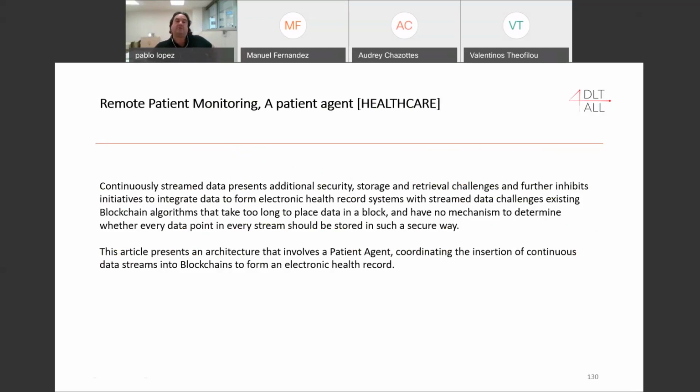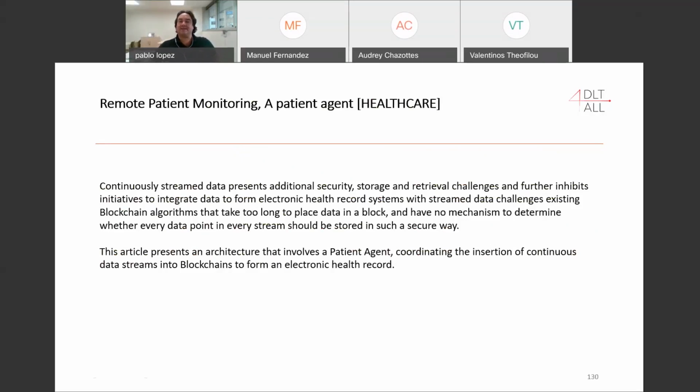Continually streamed data presents additional security, storage, and retrieval challenges, and further inhibits initiatives to integrate data to form electronic health record systems.